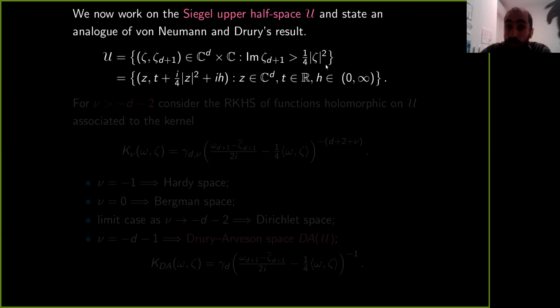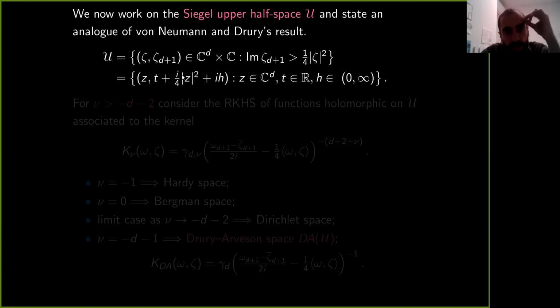Then I also introduced these coordinates that I will not really use, but these are called the Heisenberg coordinates, and it will be clear later why. We can describe this domain as follows, as the point (z, t + i/4 |z|^2 + ih), so that z is in C^D. The Latin z and the Greek zeta are just different notation. t is the real part of z_{D+1}.